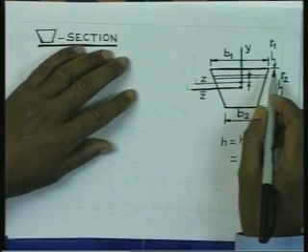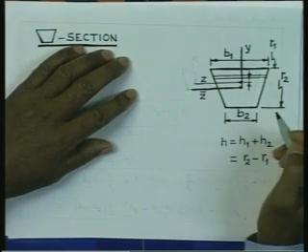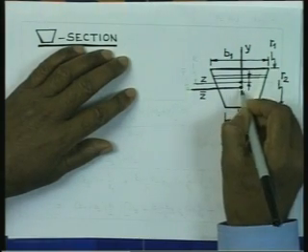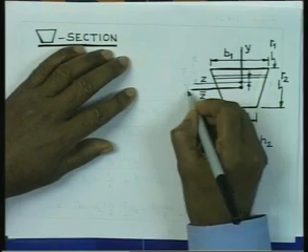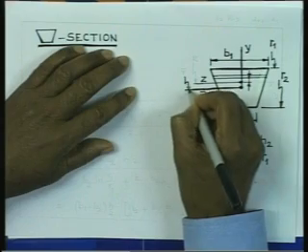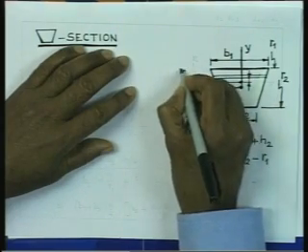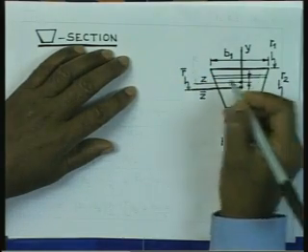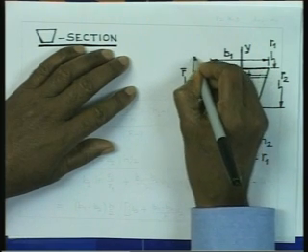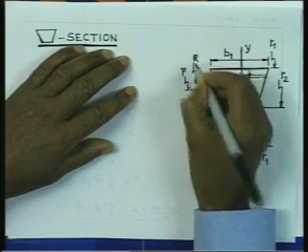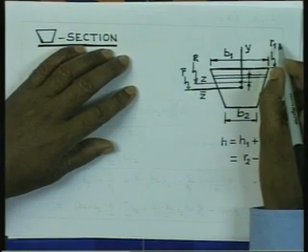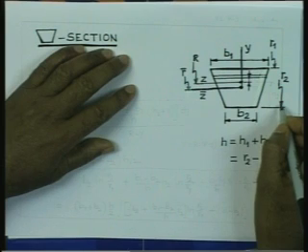Consider the typical section to be as shown here. The center of gravity of the cross section is located here. As usual, we consider that the radius of curvature of the centroidal axis is R bar and the radius of curvature of the neutral axis is R, and we show the extreme fiber radii to be r1 and r2.